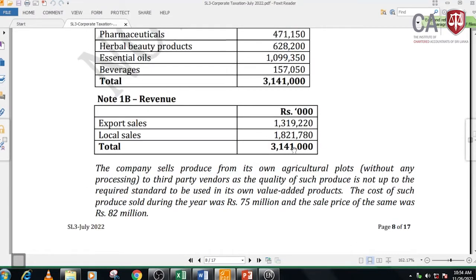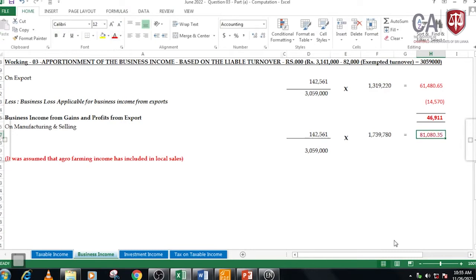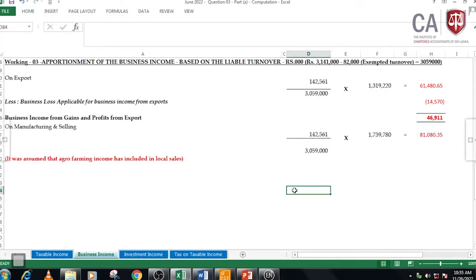Therefore I have taken that balance and divided. Now you can see my total turnover 3,059,000 has separately been divided into two, removing the exempted by the local. After removing that, each component, 3,059,000, tallies, it agrees. Everything is good. Now I have done the apportionment of the business income according to the examiner's details.